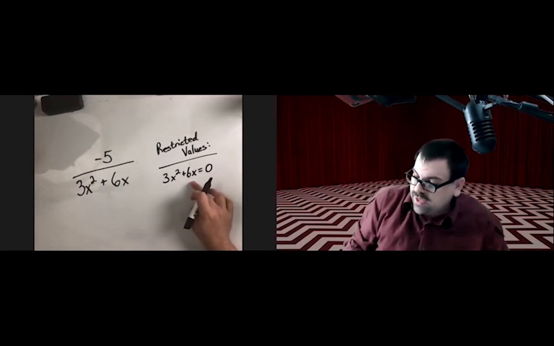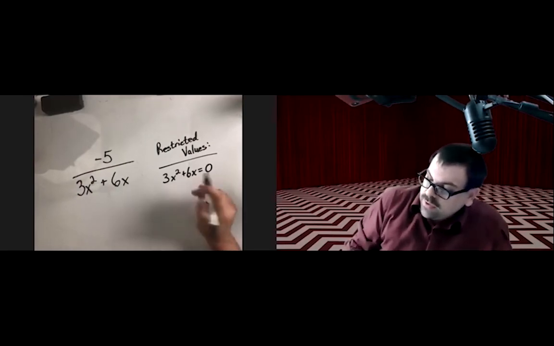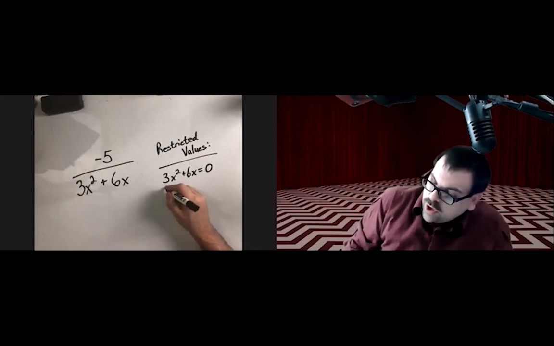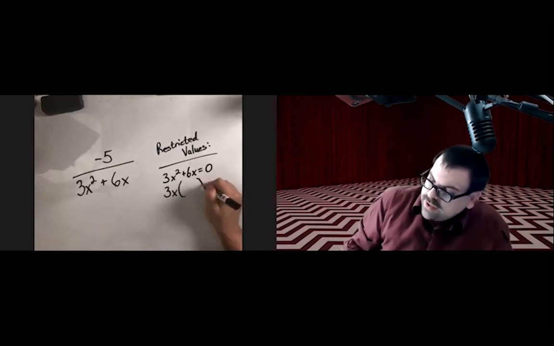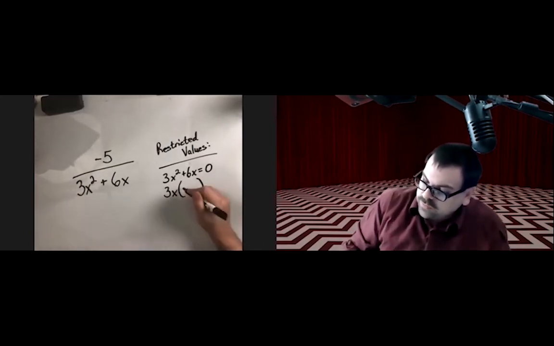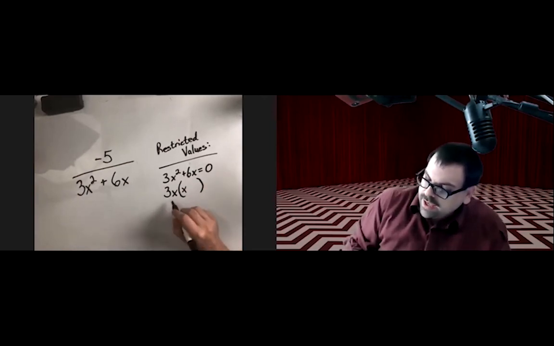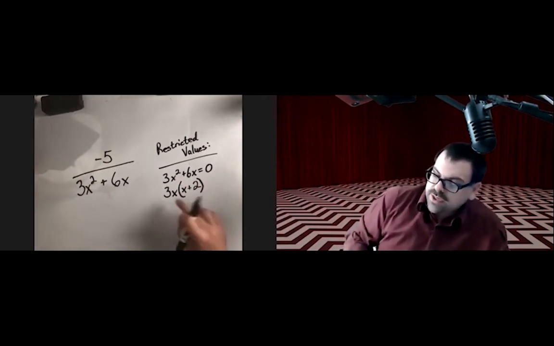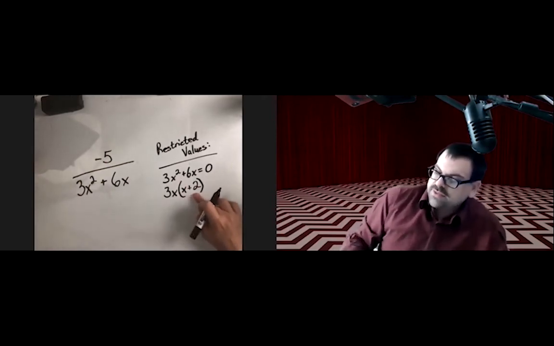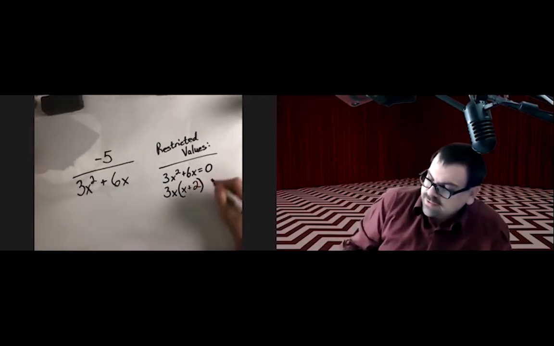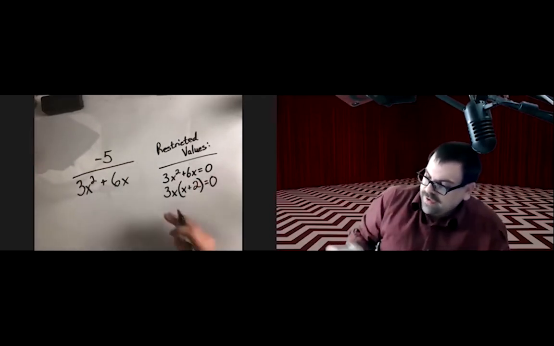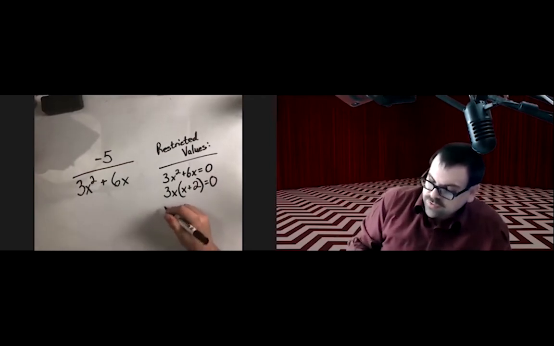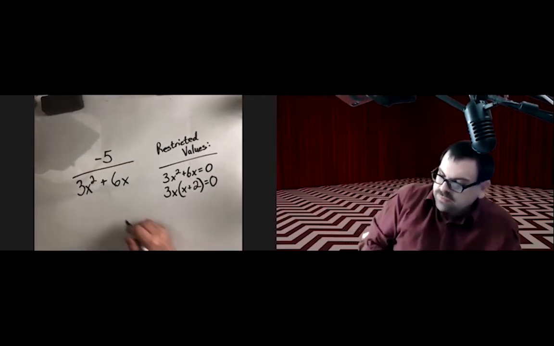3x squared and 6x. We have a common factor of 3x. Our leftover piece would be x plus 2. 3x times x is 3x squared. 3x times positive 2 is positive 6x. Factor and solve, because we could use the 0 factor property.